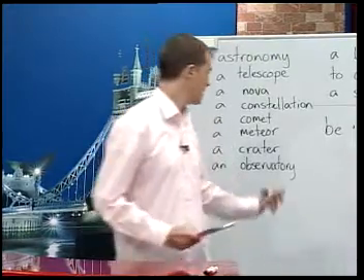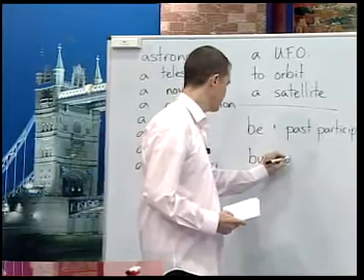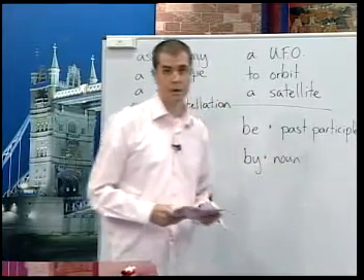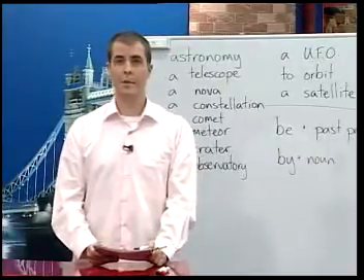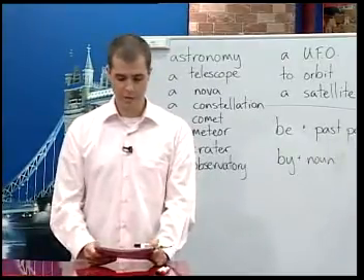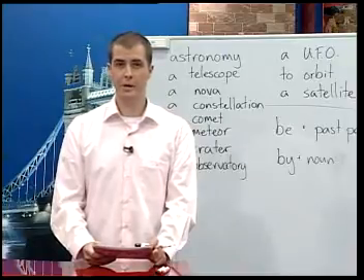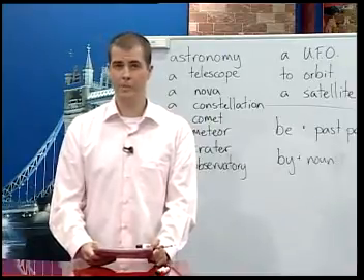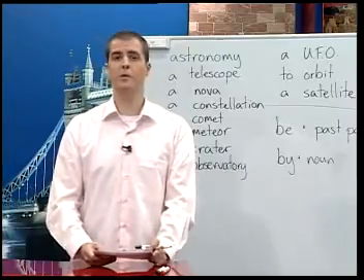By plus a noun is sometimes used, but it's not always necessary. Now we need to use a transitive verb for these passive sentences. A transitive verb is a verb that is followed by an object. Only transitive verbs can be used in the passive.